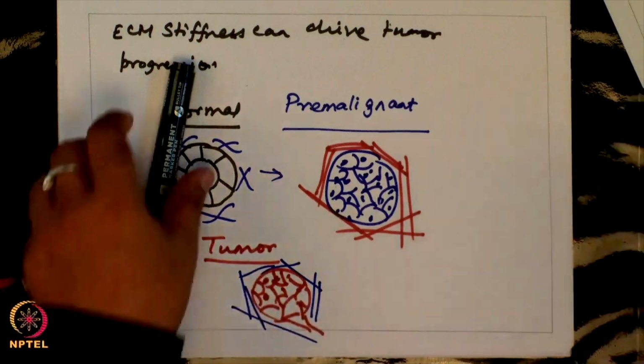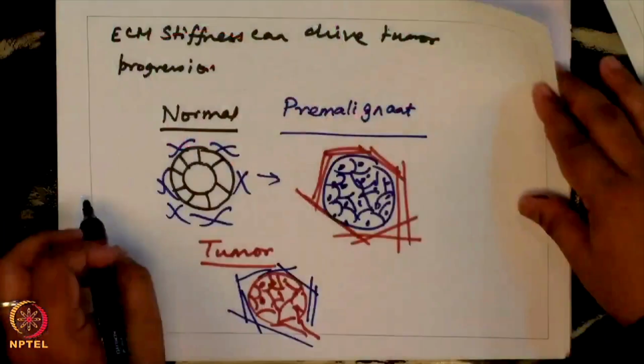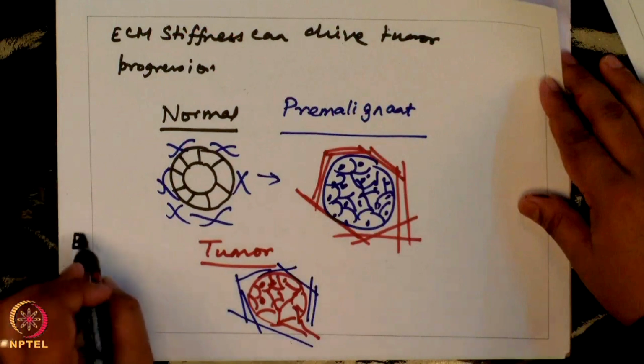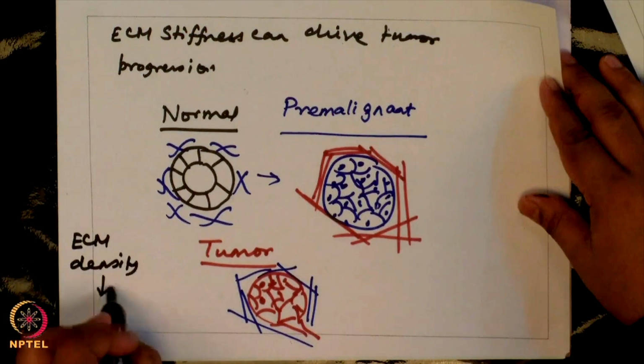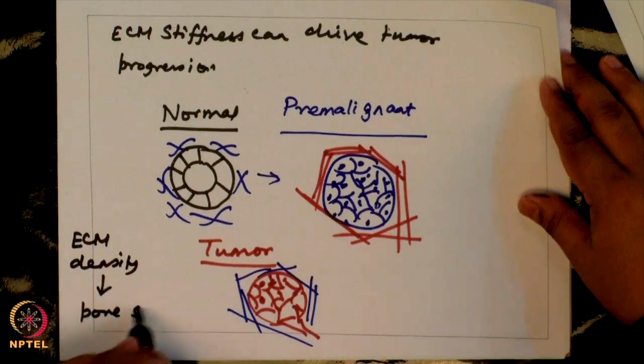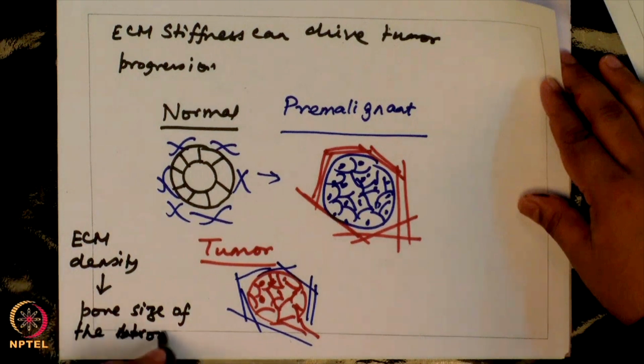So one counterintuitive thing is that you have an increase in ECM stiffness or an increase in ECM density. These should actually reduce the pore size of the matrix or the stroma.